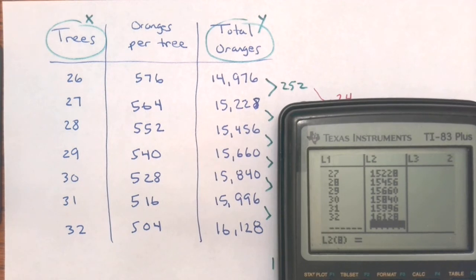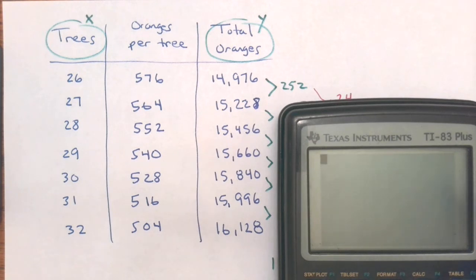And once you have those in, then the calculator can determine an equation for a line that will fit that information the best. So once you have all your points into list 1 and list 2 for your x's and your y's, you want to quit and go back out to the main calculation screen. So that's the second button and then mode. That'll bring you back out to your main calculation screen.